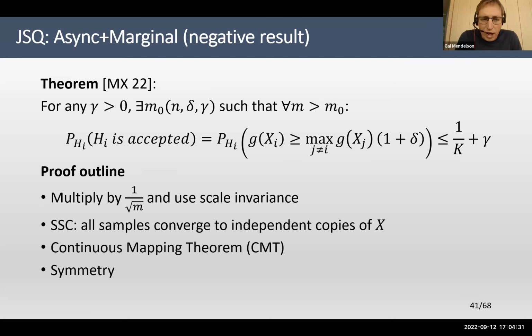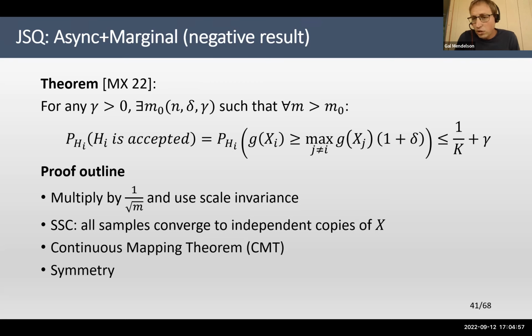Here's a short proof outline of how we do this. We take the event in this probability here in the middle, and we multiply by the scaling factor, and we use the scale invariance. That's why it's important to get that 1 over square root of m inside the G. The X is comprised of Qs, so the scaling factor would go to those Qs, and then we could use the state space collapse result.